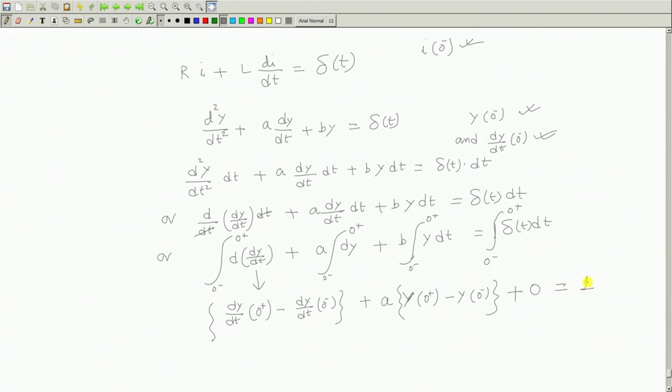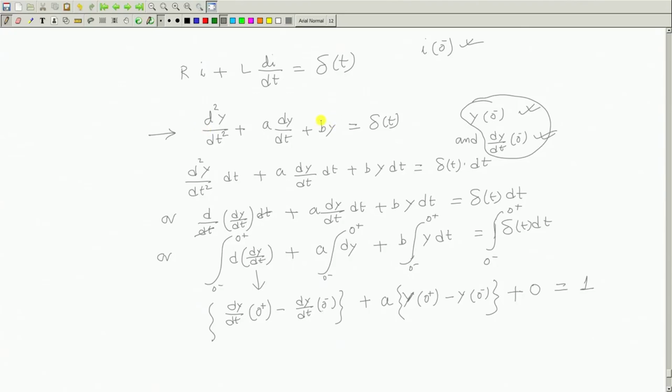So, what are the things I know? I know y 0 minus and y 0 plus, and dy dt 0 minus. One thing you see, coming back to this equation: right hand side delta t, some impulse; left hand side y, dy dt, d2y dt2.